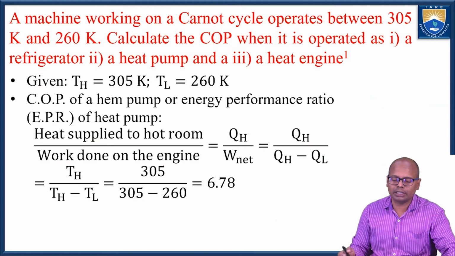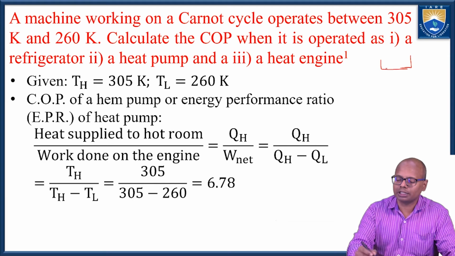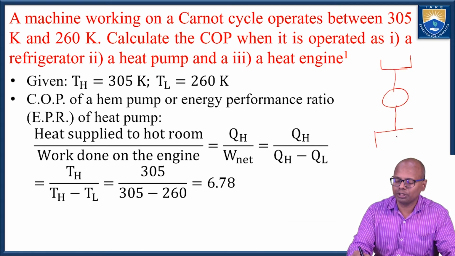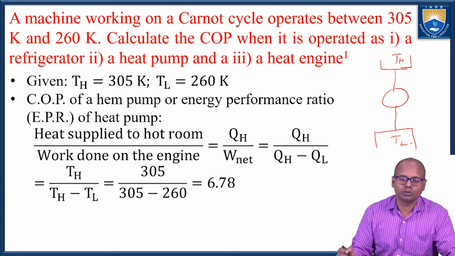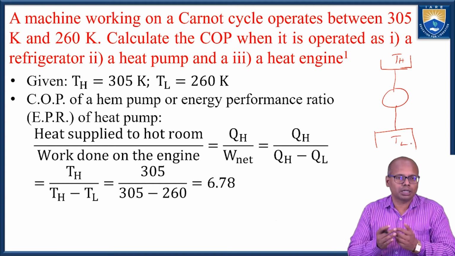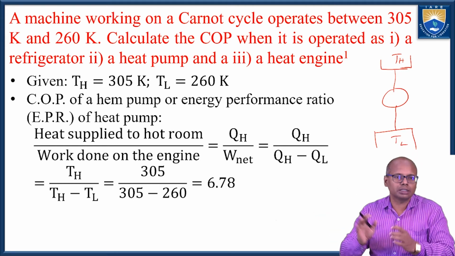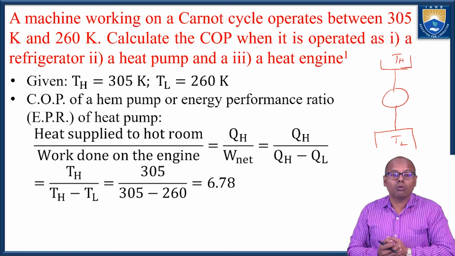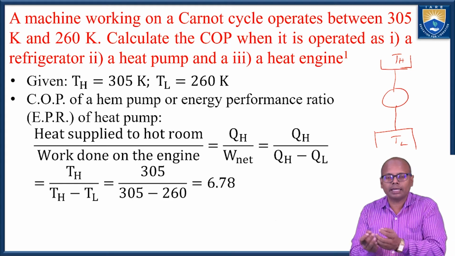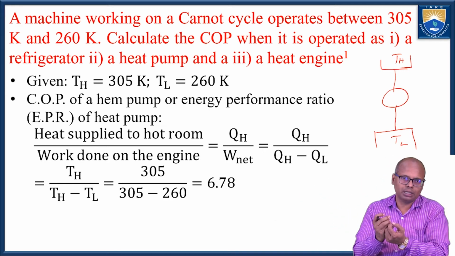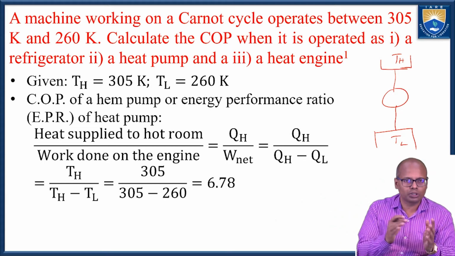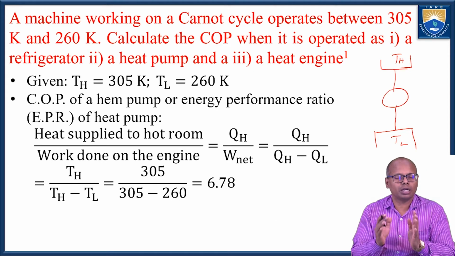Now coming to the second point. The second point is a heat pump. So what is the heat pump doing? It is taking heat from the cold place and giving it to the hot room. Say suppose I am in Canada and outside everything is snow, so I cannot stay comfortable in the snow. So what I have to do is take heat from the atmosphere and supply it to the room so that the room is hotter and comfortable.